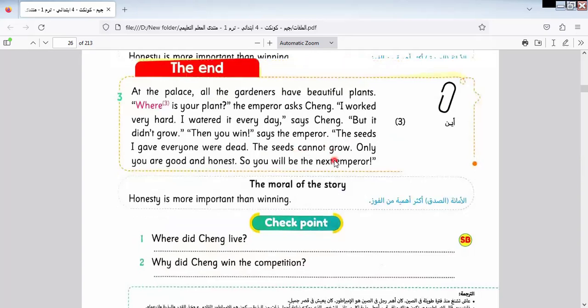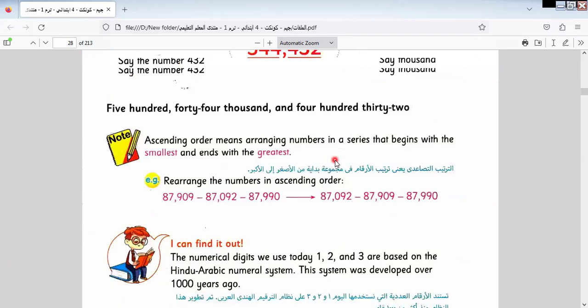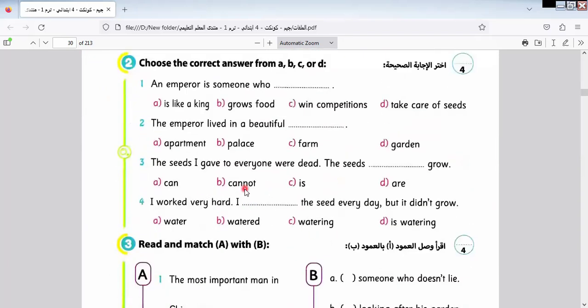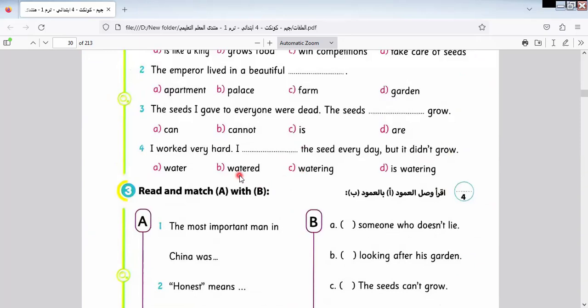Where did the seeds can't grow? The seeds here can't grow. I worked very hard.